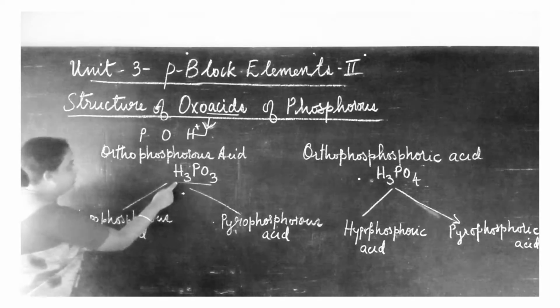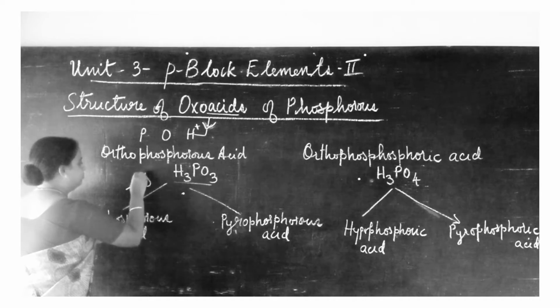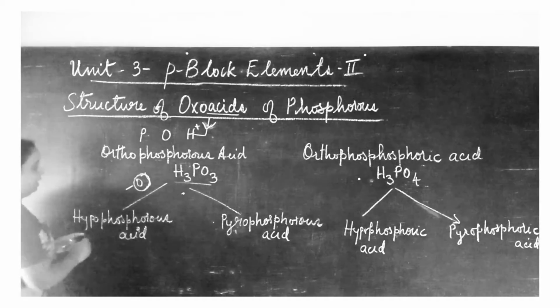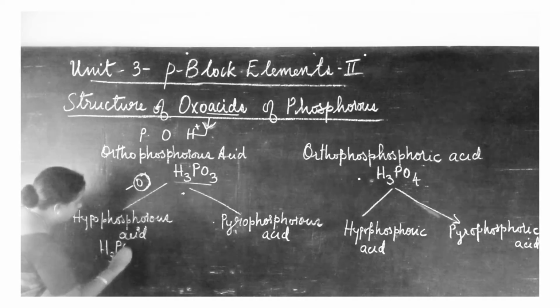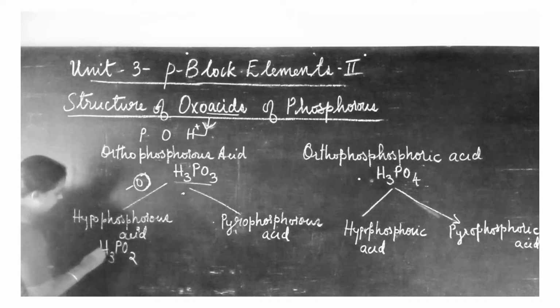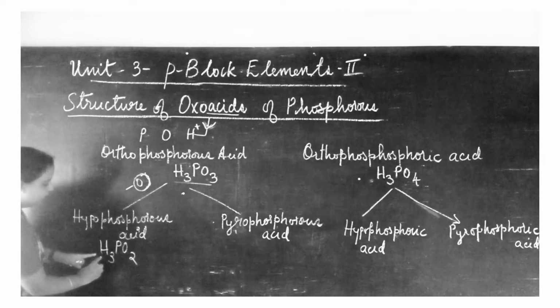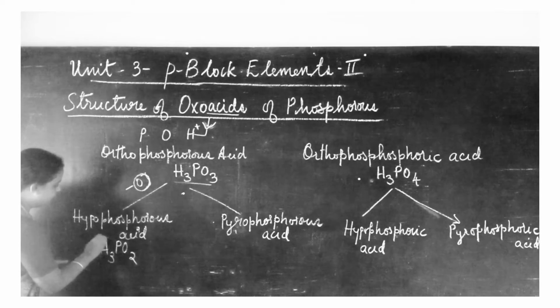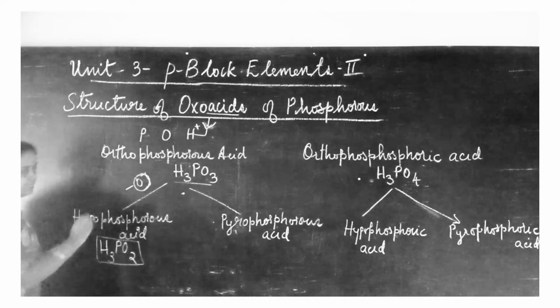Now from this orthophosphorus acid, you minus one oxygen atom. So what you get? You get H3PO2. Yes. So from these three oxygen atoms, you remove one oxygen atom. So you get H3PO2. This is the formula for hypophosphorus acid.